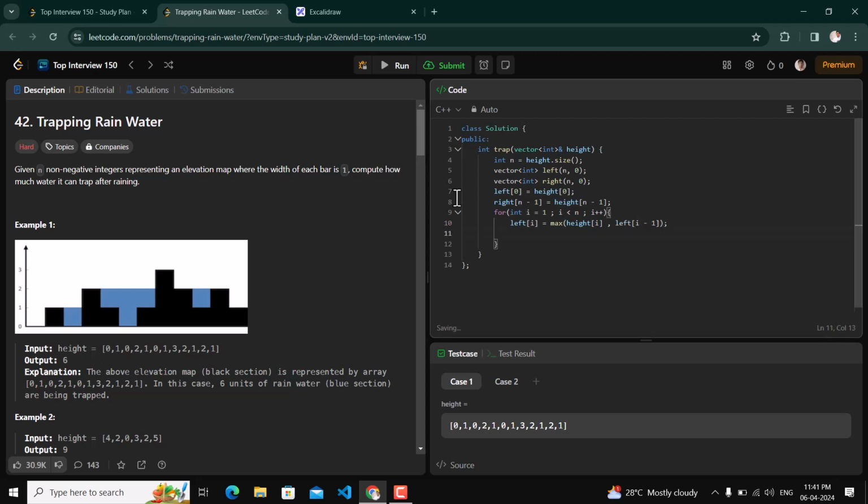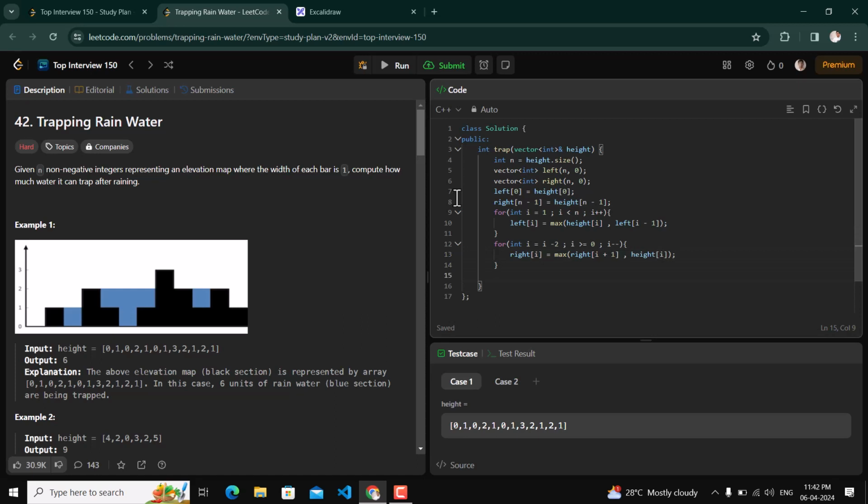In this we will get our left maximum for each column. For right we will again iterate, int i is equal to n minus 2, i is greater than or equal to 0, i minus minus. We will set right of i is equal to the maximum of right of i plus 1 and the current height of i. So we will have the right maximum.